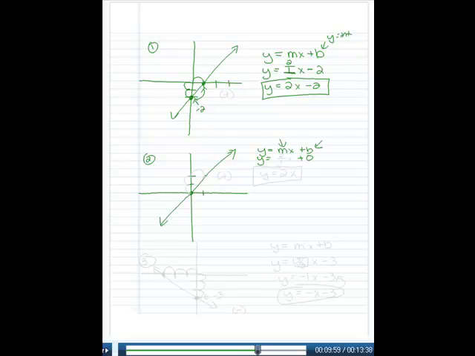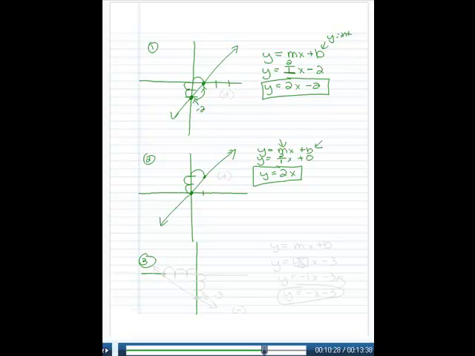So I'm going to write plus 0. So I know it's going to be y equals, let's figure out the slope. From the 0 to this next point, you can see I go up 2. So there's my rise over run. I'm running 1. Again, writing it in simplified form, 2 over 1 is just 2x, and I don't have to write the plus 0 because it's plus what? Plus nothing. So don't write it. You know that the intercept is at the origin.